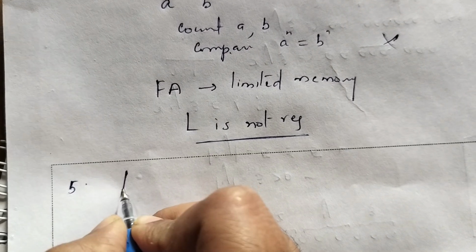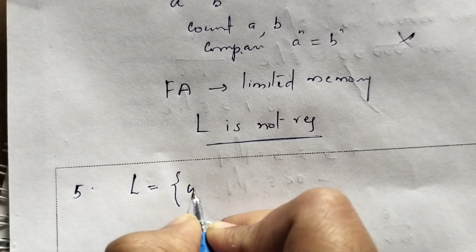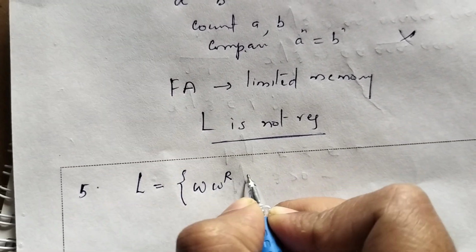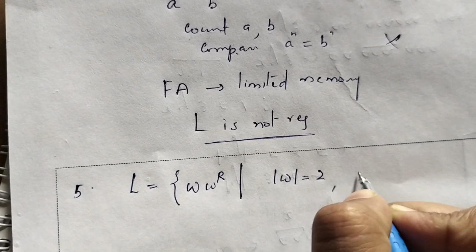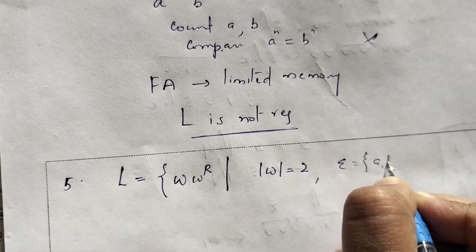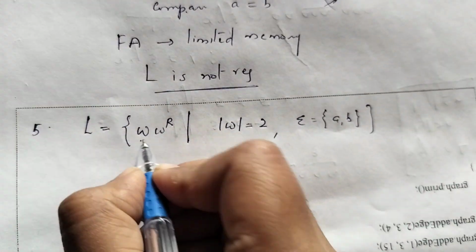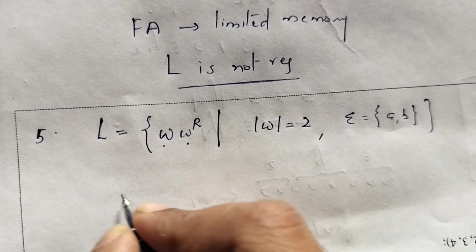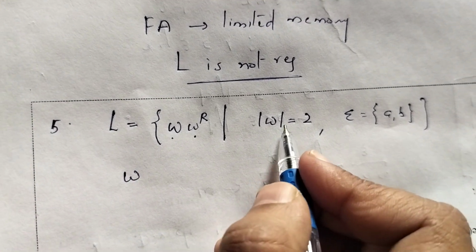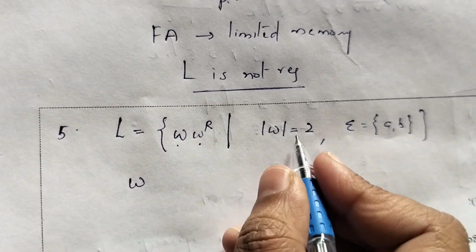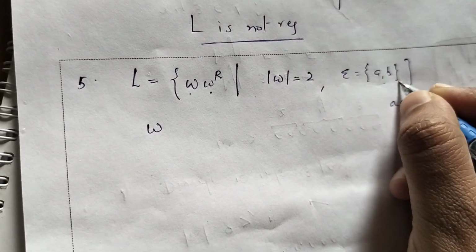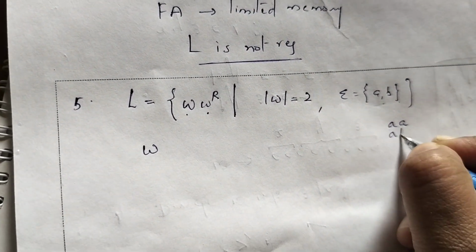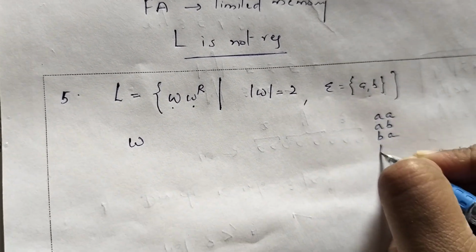Next is L equal to W power R such that the length of the string is 2 over the input alphabet {a, b}. What is W here? The length of the string is 2, so the possible strings over the input symbols a, b are AA, AB, BA, BB, each of length 2.